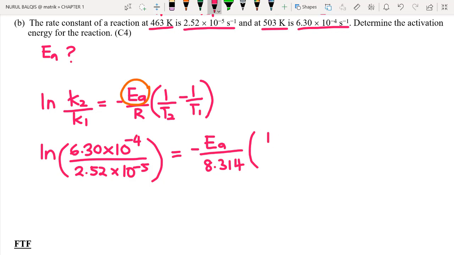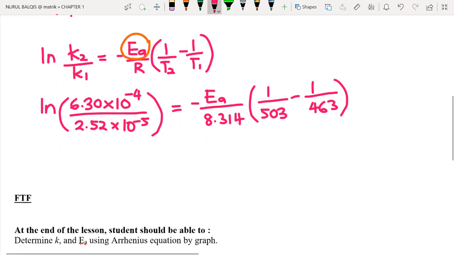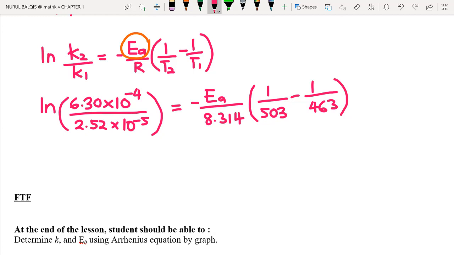So 1/503 minus 1/463. First complete the calculations on the left hand side, and then bring all these 1/temperature terms to the left hand side, then multiply with 8.314, and don't forget the negative sign.